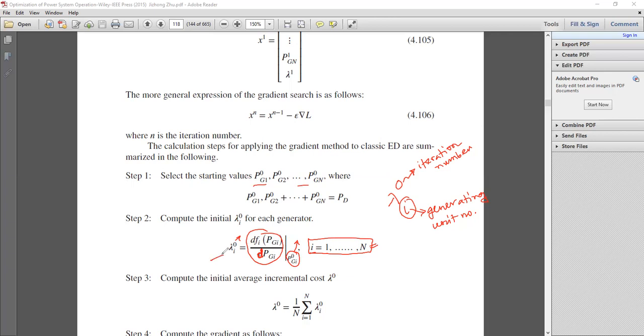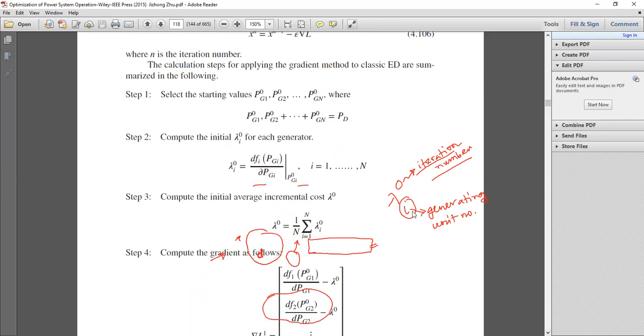Then we have n number of lambdas, or lambda 0. That means for n number of generating units, we will be having n number of lambda values for the 0th iteration, or for the initial step. So we can calculate the average value of lambda, and that would be our lambda naught.